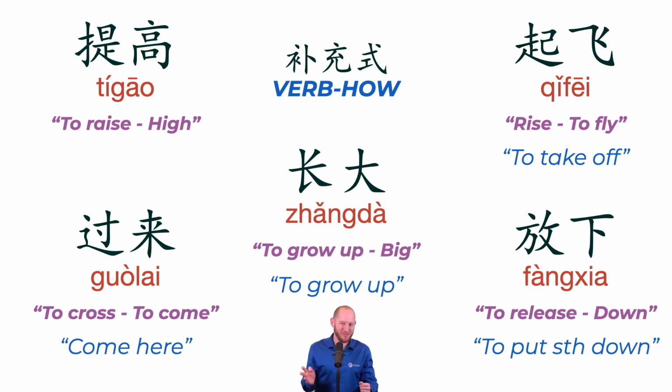So the next time you're on a plane heading to China or in China, listen out for that. You might have a chance to hear it. And I'm recording this at a time when there's not many planes into China happening, but we can always hope for the future. 提高, 提高, to raise, with the result of height, or the result of it being high. Well, that means to increase or to improve.